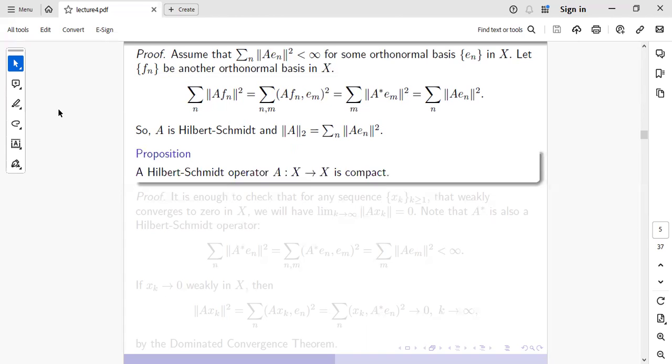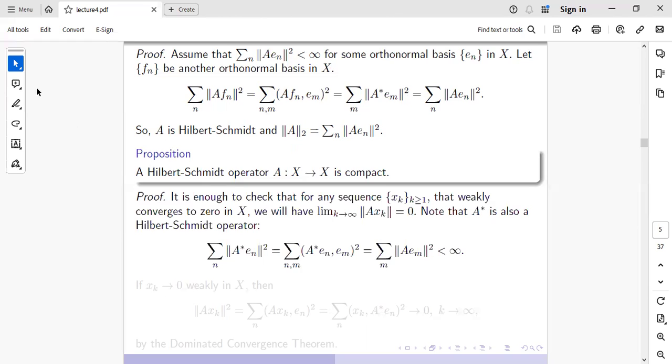Any Hilbert-Schmidt operator is compact. So let's check this. I recall that a compact operator can also be defined as one that sends any weakly convergent sequence into a strongly convergent sequence.